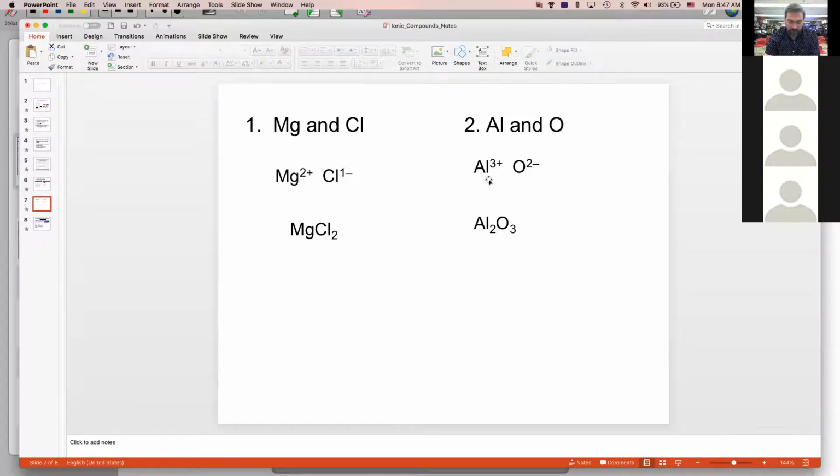So the compound that forms between aluminum and oxygen has the formula Al2O3, and that can't be simplified any further. 2 and 3 are each divisible by all kinds of different things, but nothing that gives you integers for both. So the ionic compound that forms between aluminum and oxygen, called aluminum oxide, has the formula Al2O3.